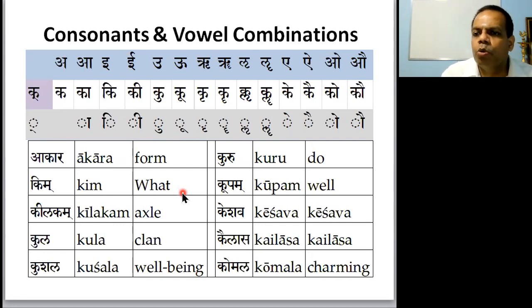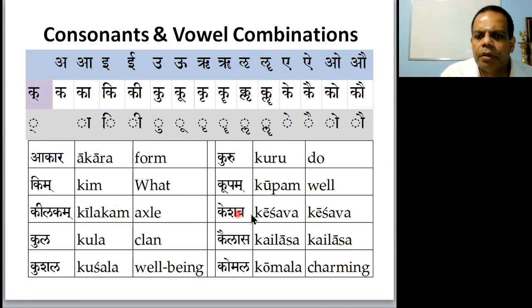It can be why, who, how. Depending on the context, the meaning changes slightly. But it means anything. When you ask something, the word ki or ka is used in Sanskrit. I don't know whether you have heard it. Kim tat. There are some shlokas like that.